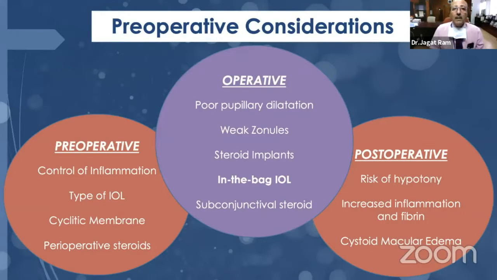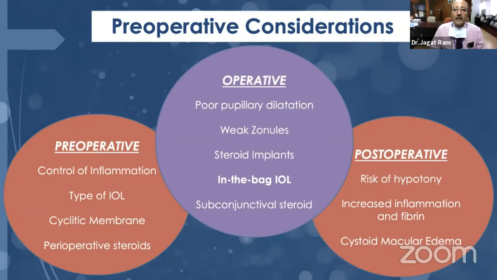In the pre-operative consideration, most important remains control of inflammation, and then which type of IOL we should implant. And as Dr. Mohit said, it is important how we manage the cyclitic membrane, and whether to give perioperative steroid or not.